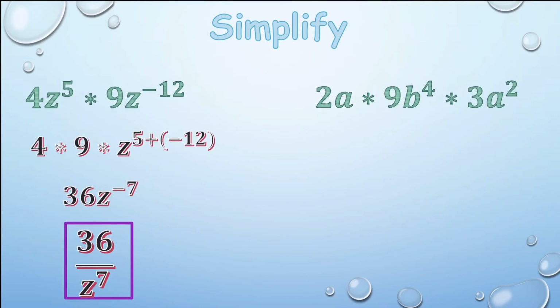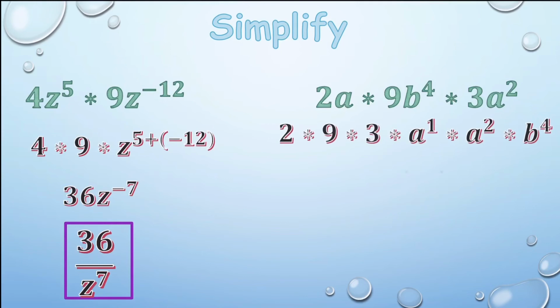So let's go over this next example. And be careful here because I've got 3 powers, but now I've got different variables. So here's where that commutative property is super important. Rewrite it. Put your numbers with numbers, a's with a's, b's with b's, and whatever you might have. Organize it so you can focus on one thing at a time. So you can then group and add your exponents at the top.